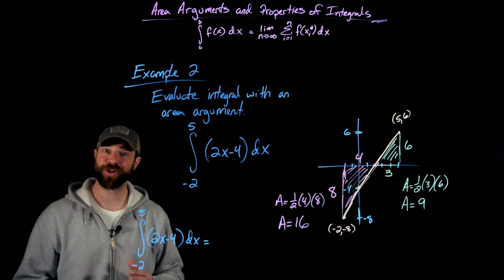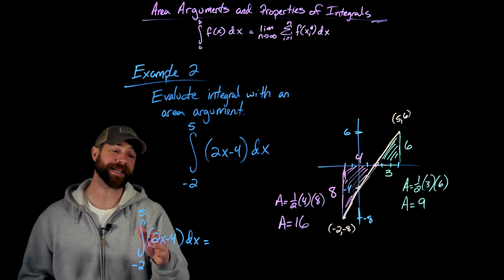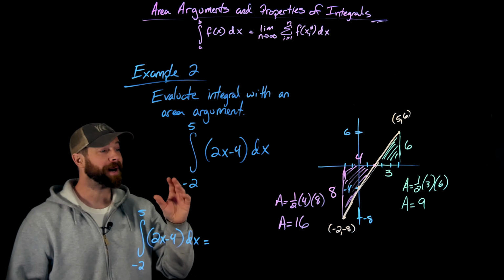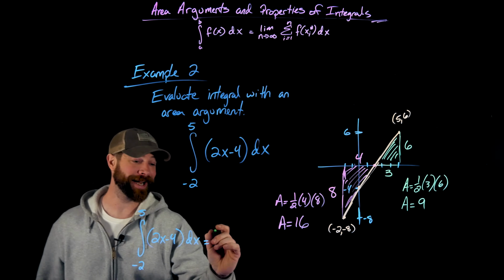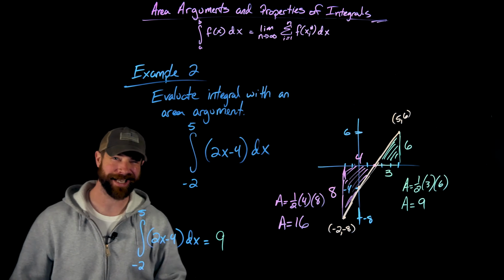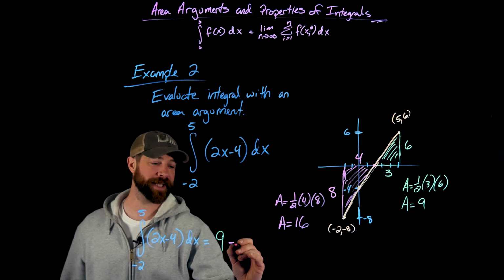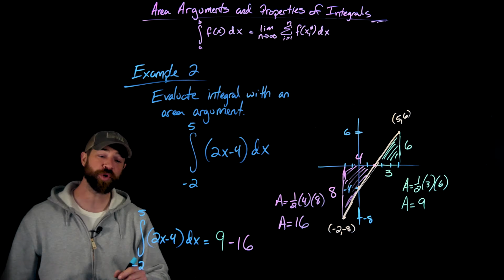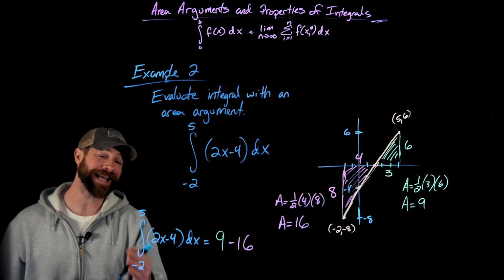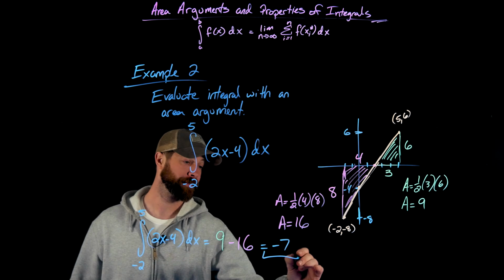So then putting that all together, I've evaluated this integral from -2 to 5 of 2x minus 4 by evaluating these two separate areas. What I have is an area of positive 9 and an area of -16, or I'll just write that as -16. This gives me that the value of this definite integral from -2 to 5 would be -7.